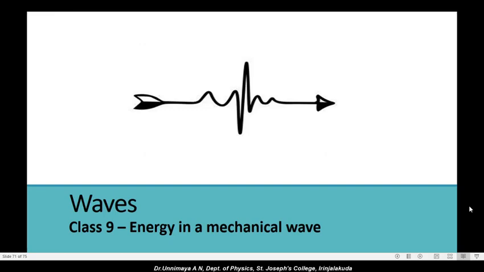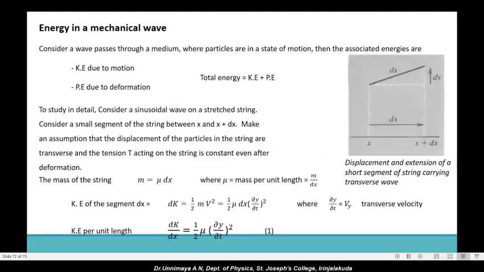Hello all. Today we are going to discuss the topic energy in a mechanical wave. For that, consider a wave that passes through a medium where the particles are in a state of motion. Then we know that when a particle moves through a medium, it possesses two types of energies.